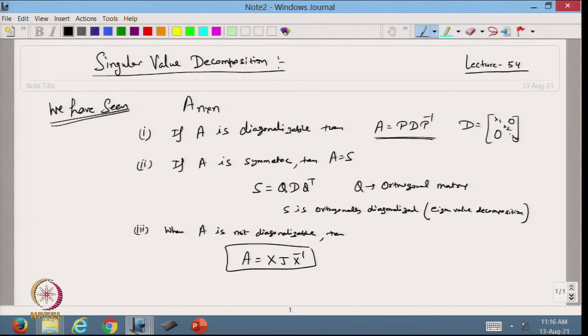This is called the Jordan canonical form. And in this case this X may not necessarily be an orthogonal matrix. So, these things we have seen.